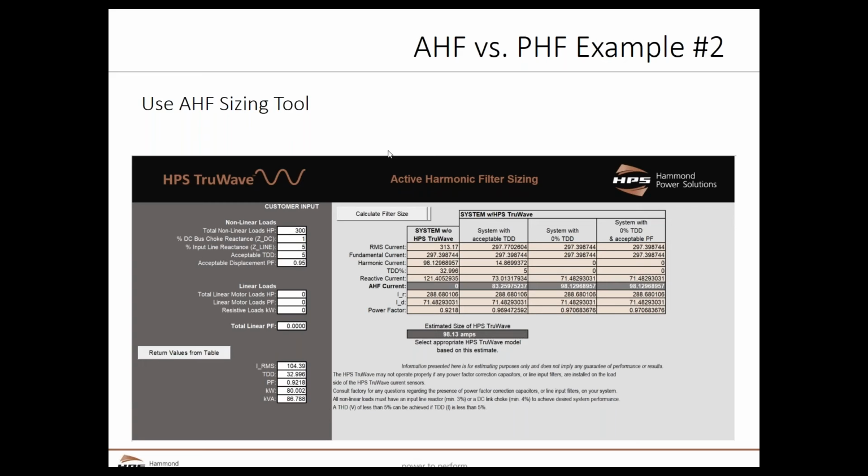We're trying to achieve current distortion, let's say, of 5%, so acceptable TDD is 5%. And this basically shows that approximately 98 amps of corrective current are required. And that would result in choosing a 100 amp active harmonic filter.